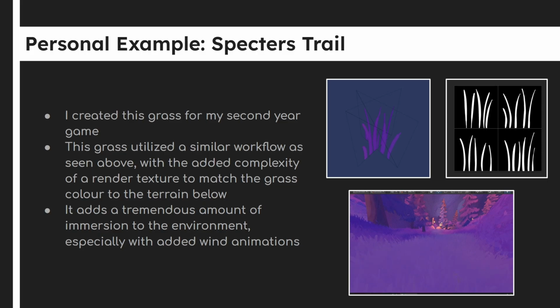Here's my personal example from 2 years ago, so second year. I was really excited to work on grass, and I used pretty much the exact same workflow, plus some extra technical art integrations. But the main thing was that this grass had that dual plane look right there, and it used these four different alpha clipping textures.